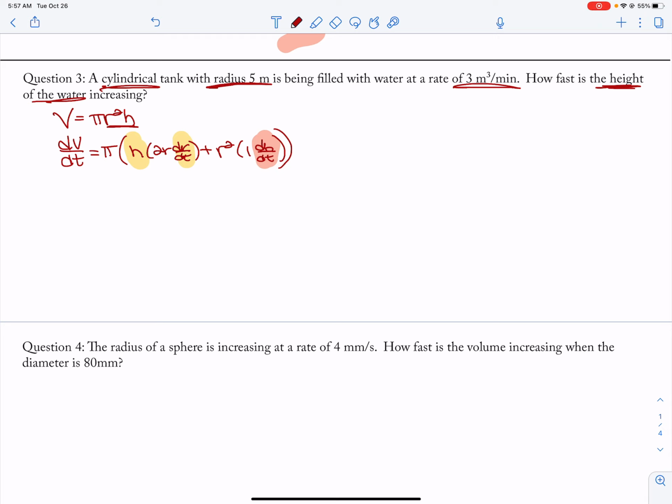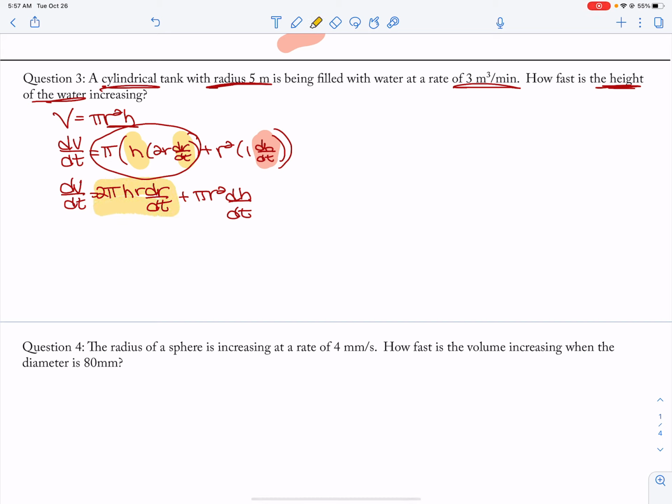So my dV dt is equal to pi 2 pi h r dr dt, right? So that is this first term. And then plus pi r squared dh dt. Okay. But what you notice is, if you think about this for a second, the cylinder's radius is not changing. So that dr dt is 0.